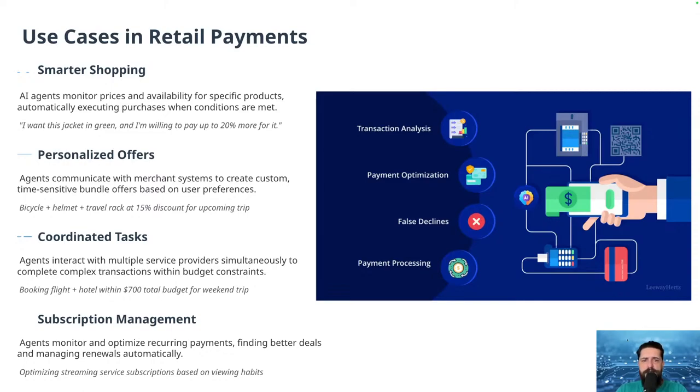The agent then can interact with multiple airline and hotel agents simultaneously to find the best combination that fits your budget and execute both cryptographically signed bookings at the same time. This level of coordination is simply not possible with today's manual booking process.